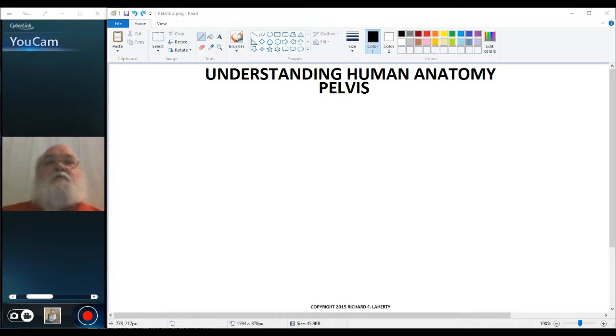In this video, we're going to look at the posterior of the os coxae together with the sacrum forming the entire pelvis. So, what I'm going to do is start by drawing in the posterior of the sacrum.